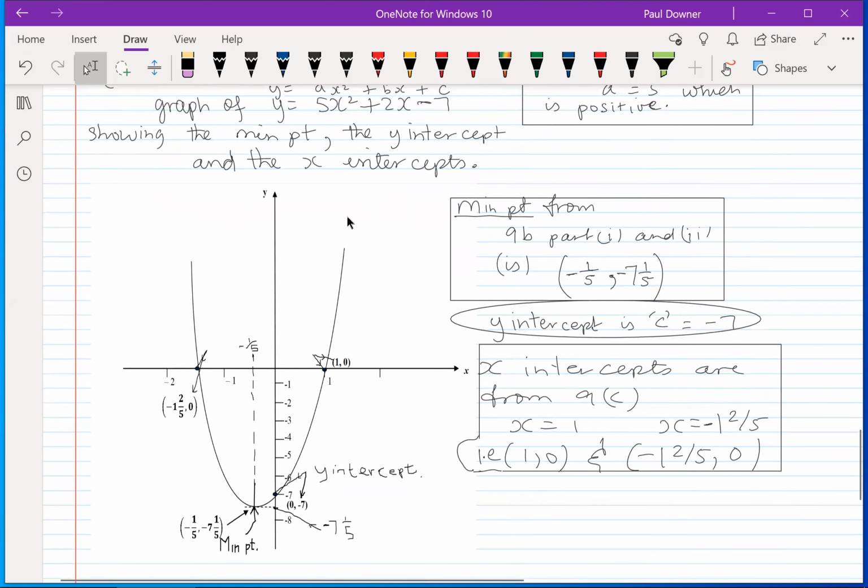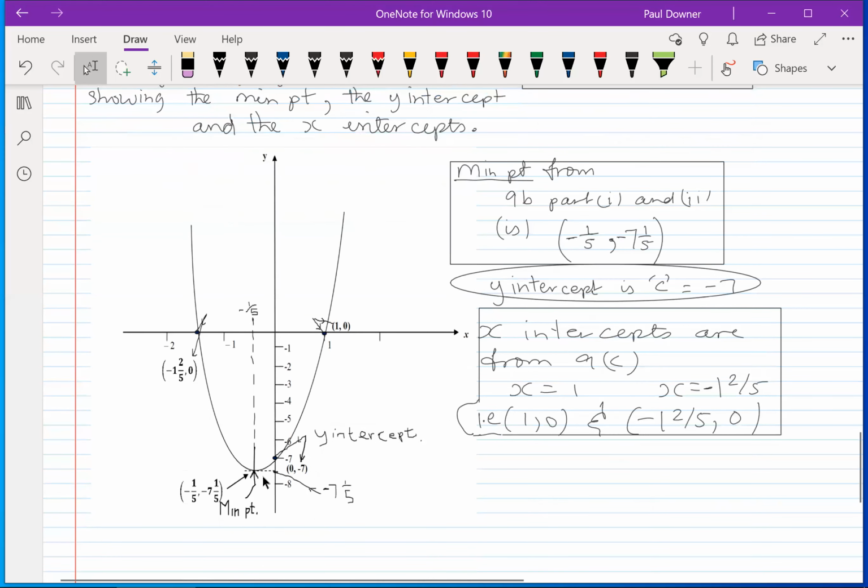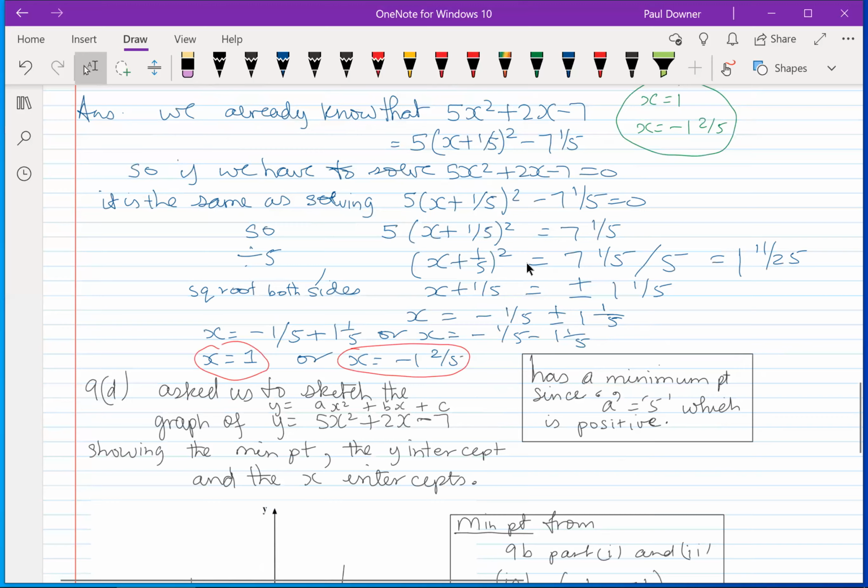So in this sketch, we showed the minimum point, which is here, and we have the coordinates for it. We showed the y-intercept, which is right here, where it's cutting the y-axis. And then the x-intercepts. If you recall, to find the x-intercepts, that was done in 9C. Let's go back to 9C and see what we did.